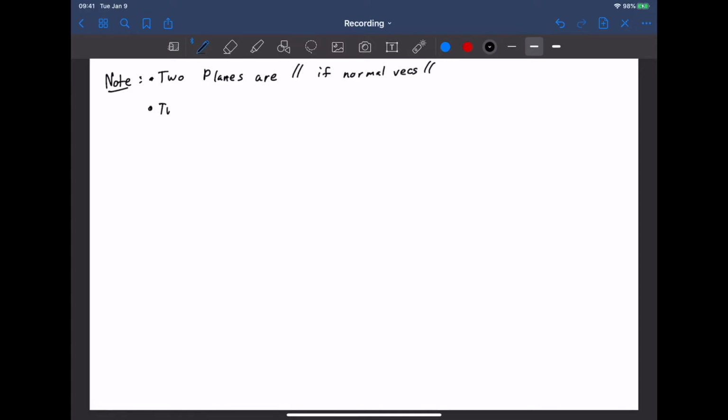So we also will have the idea that two planes are perpendicular if the normal vectors are perpendicular. Okay? And what about everything else?